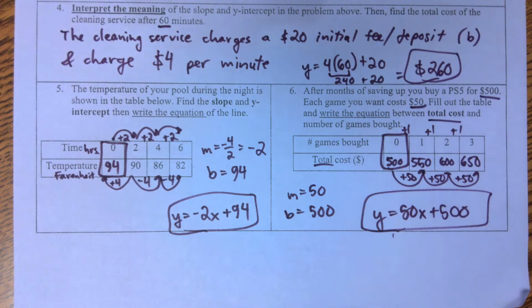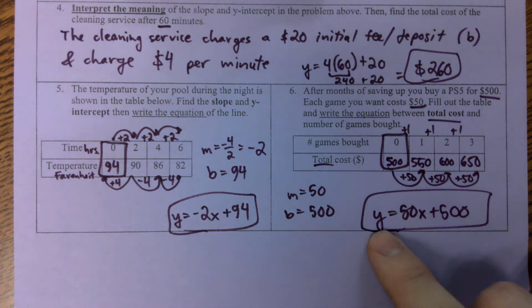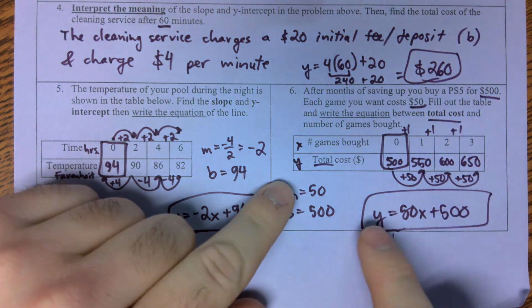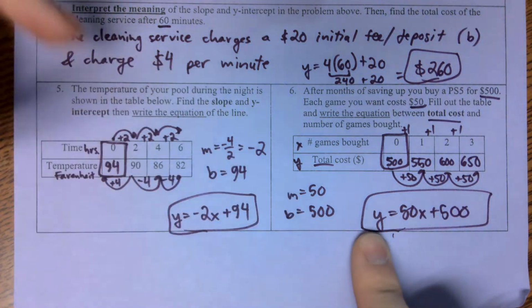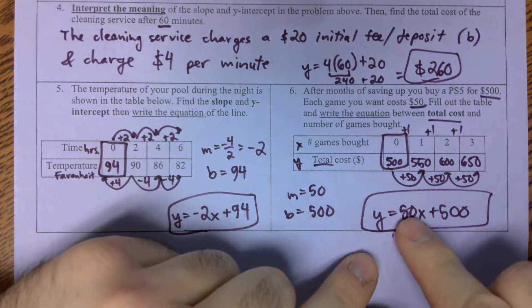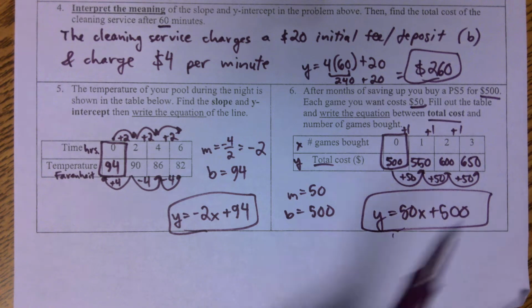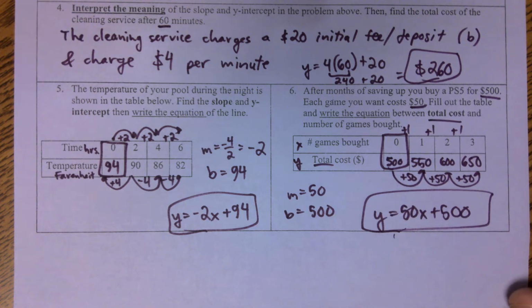So these equations, as we're going to see here in one of these next chapters, work kind of like machines. Y represents the total cost, right? So this machine is saying the total cost of what you're going to spend on this new hobby is $50 times however many games you buy, because each game is $50, plus the $500 that you spent initially to get the PS5 in the first place.